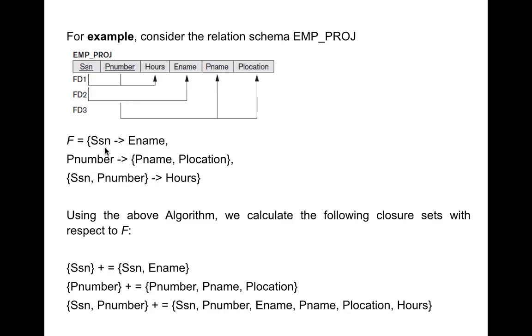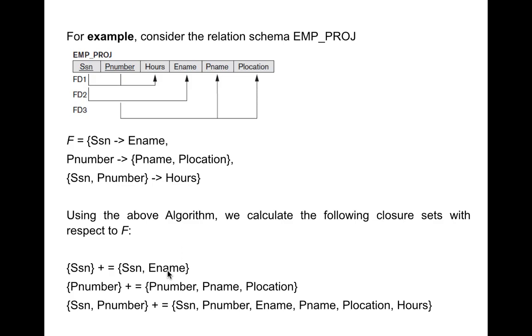Now let's take the first functional dependency. SSN gives E name. So for SSN closure, we can get SSN from SSN, and we can also get E name from SSN. So SSN closure would consist of SSN and E name.